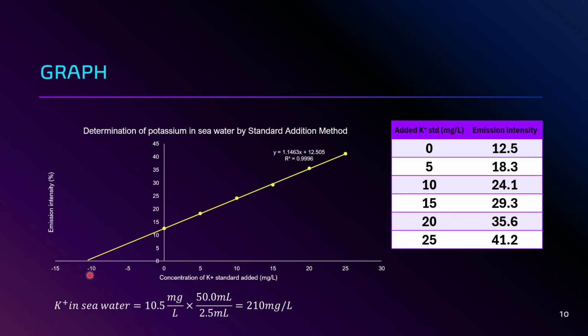So if the intercept gives you a value of 10.5 milligram per liter, and we have got 50 ml flask in which you have added only 2.5 ml of seawater, the concentration of potassium in seawater might have been 210 milligram of potassium per liter.